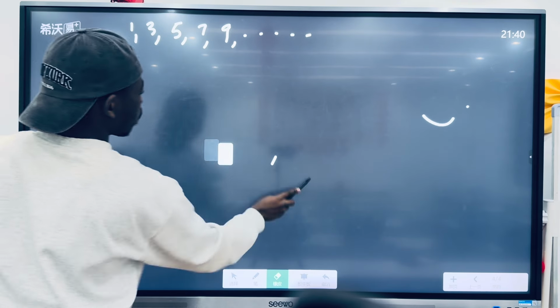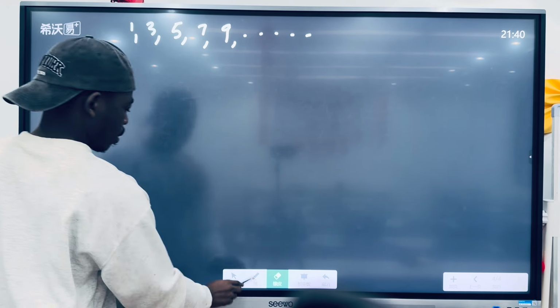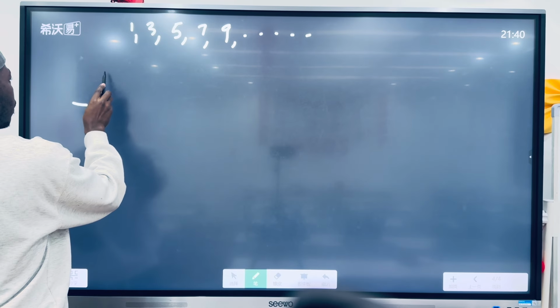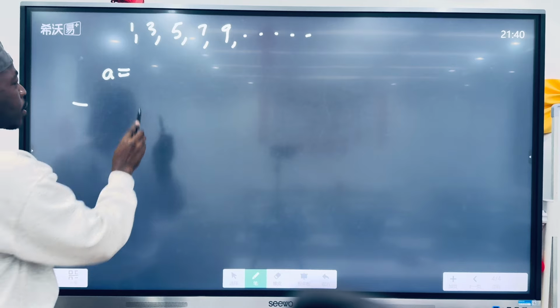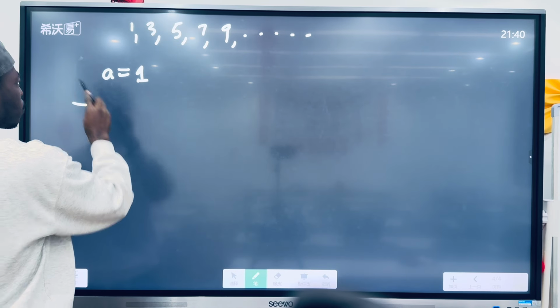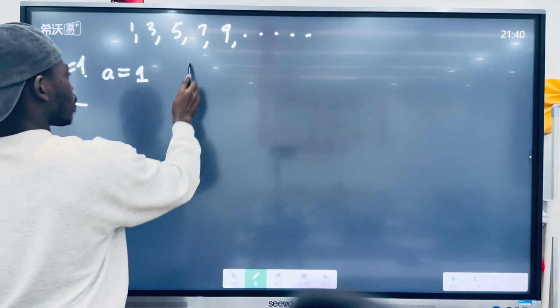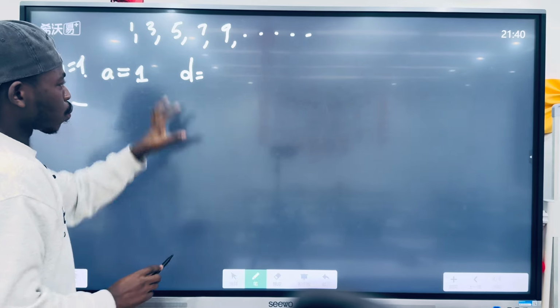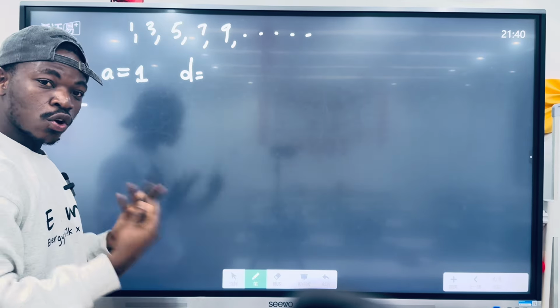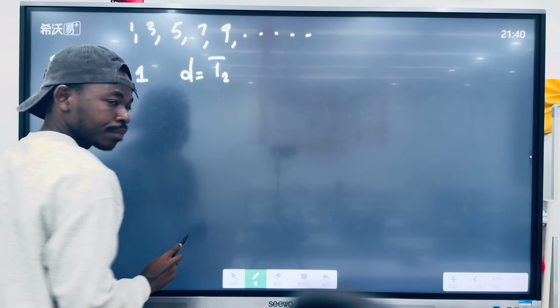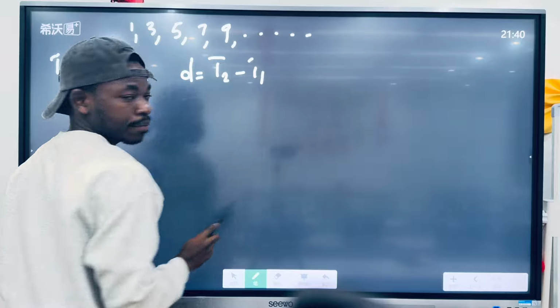So for this particular AP, what's the first term? We use the symbol A for first term. So A is equal to 1. Sometimes we can use T1. Okay. Then we use the symbol D for common difference. To find the common difference, you can say common difference is equal to the second term minus the first term.